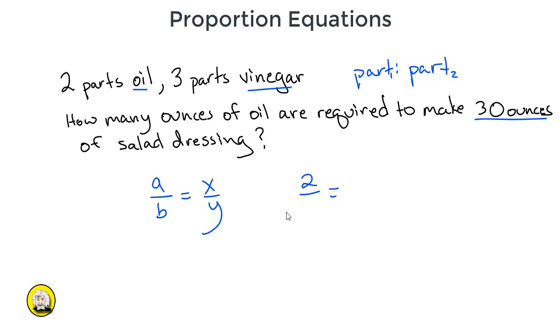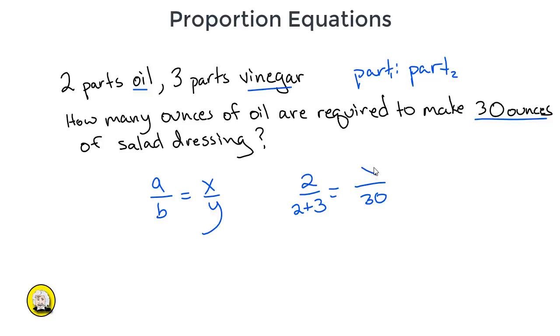In this case, it's not 2 to 3. We're actually interested in 2 parts oil to the total parts of oil and vinegar, or salad dressing. And in that case, it will be 2 parts oil plus 3 parts vinegar. And that fixed ratio is what we would want to use on this problem. And the actual amount of total salad dressing in this case would be 30 ounces.